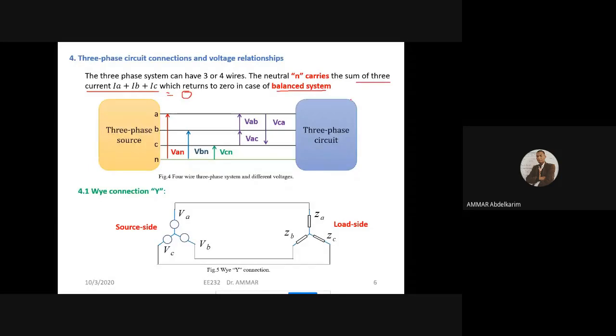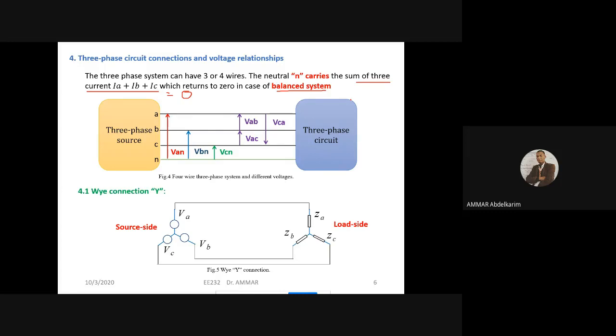So what are the conditions of a three-phase balanced system? Firstly, we have the same effective values or peak values of the three voltages, and we have the same load for sure on the other side.